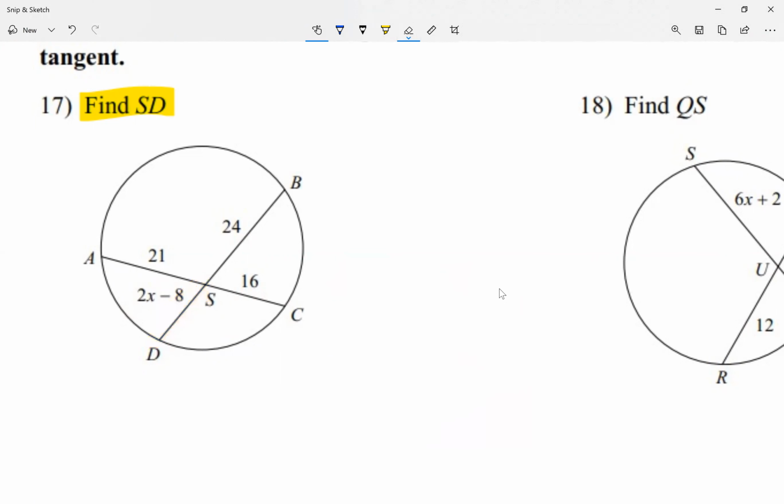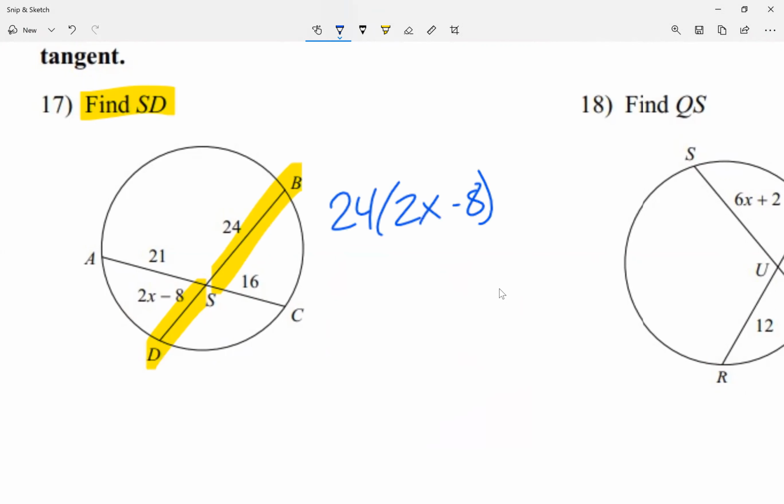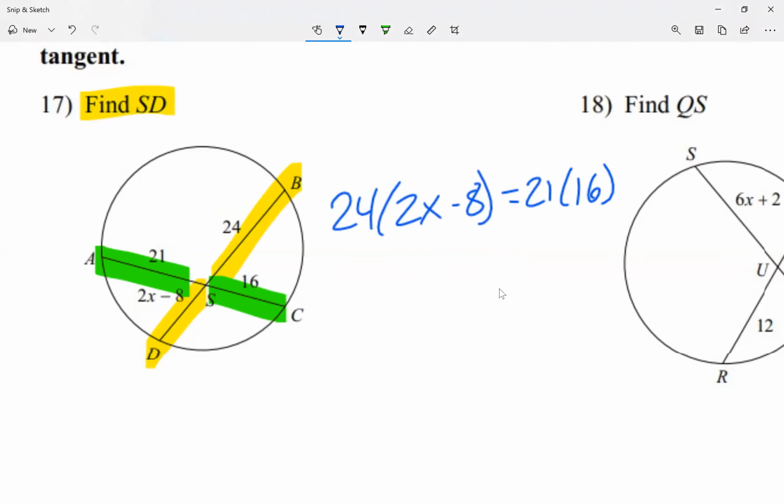So this chord, I'm going to multiply 24 times 2X minus 8. On the other chord, I'm going to multiply 21 times 16. Use a calculator if you need to.